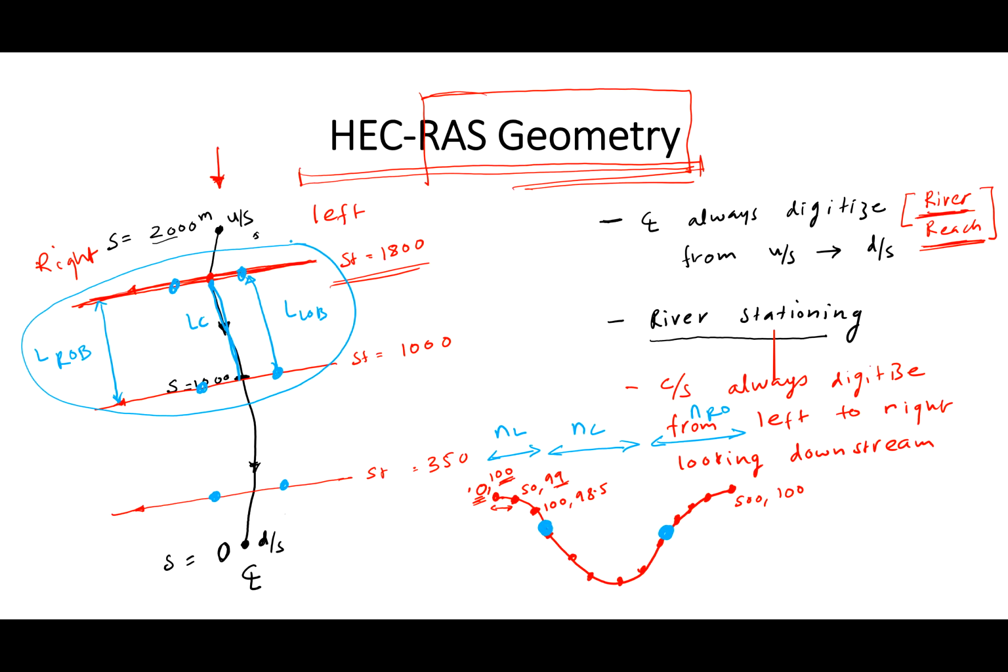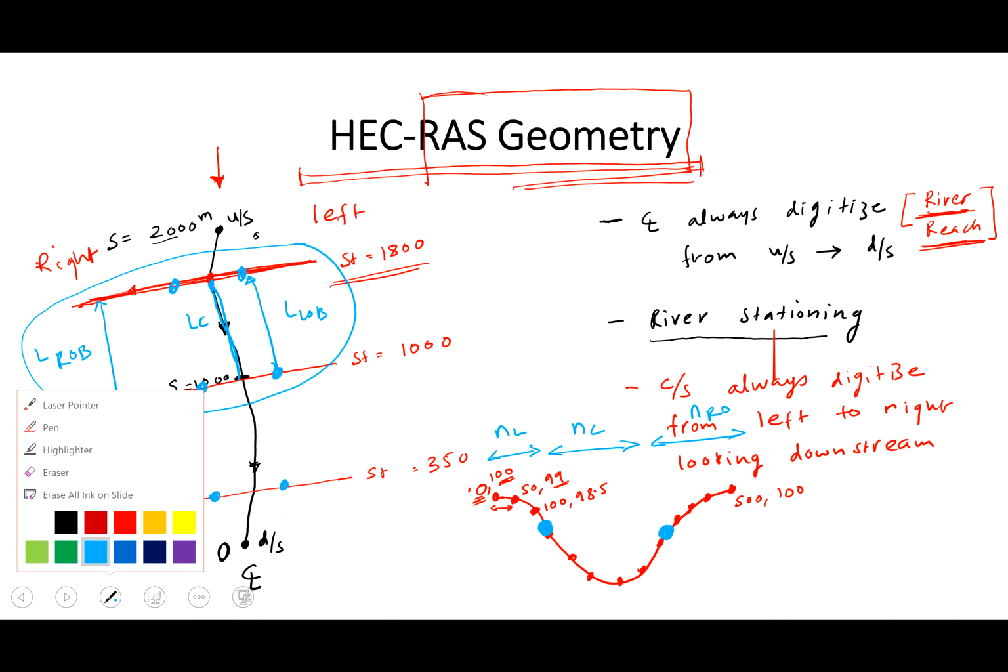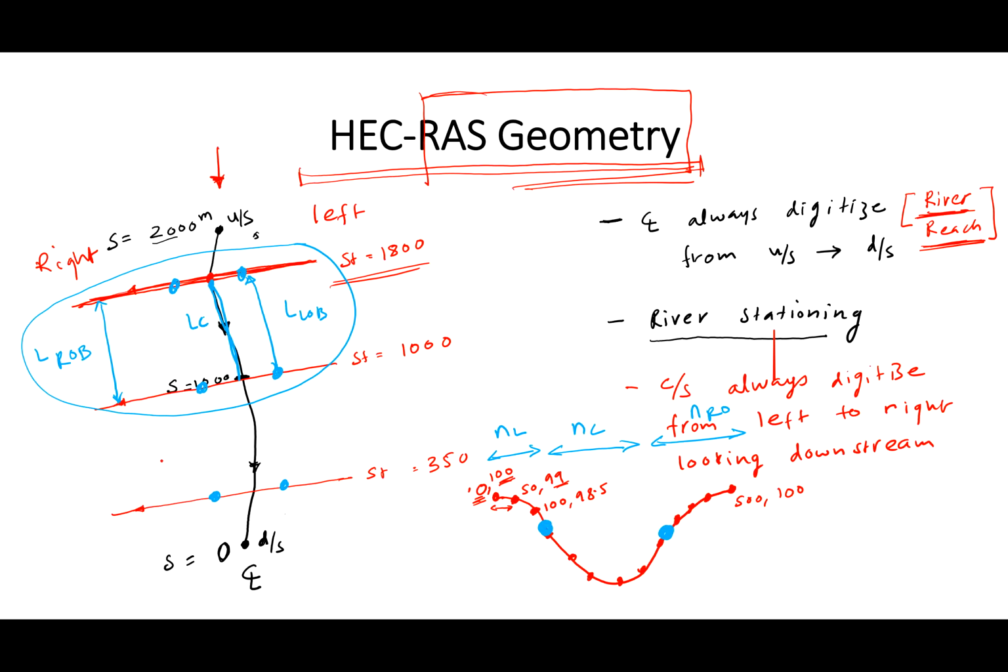Now, if my channel is curvilinear, in this case I'll just draw one more cross section, and it is not super curvilinear, but you will get the point. If I draw a cross section perpendicular to the center line, you can see now my LROB is smaller than LLOB, and LC is somewhere in between.